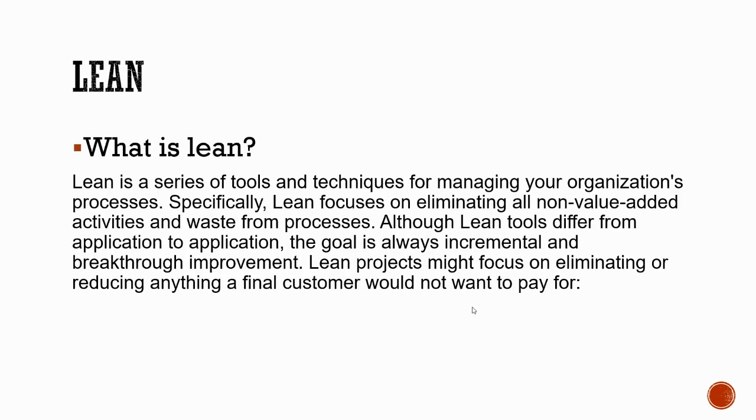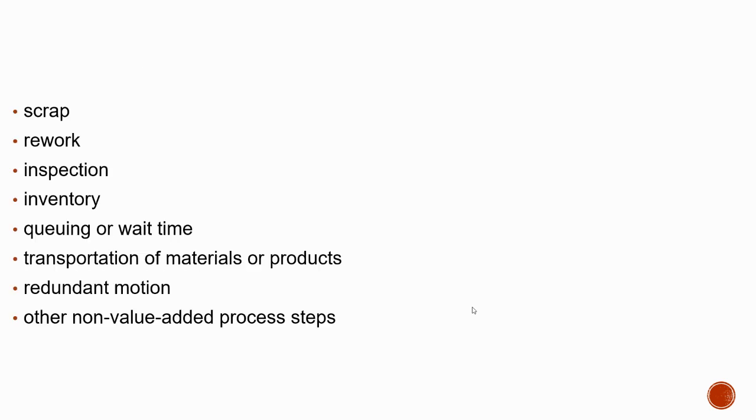Then Lean. What is Lean? Lean is a series of tools and techniques for managing your organization's processes. Especially, Lean focuses on eliminating all non-value added activities and waste from processes. Although Lean tools differ from application to application, the goal is always incremental and breakthrough improvement. Lean projects might focus on eliminating or reducing any activity a final customer would not want to pay for.